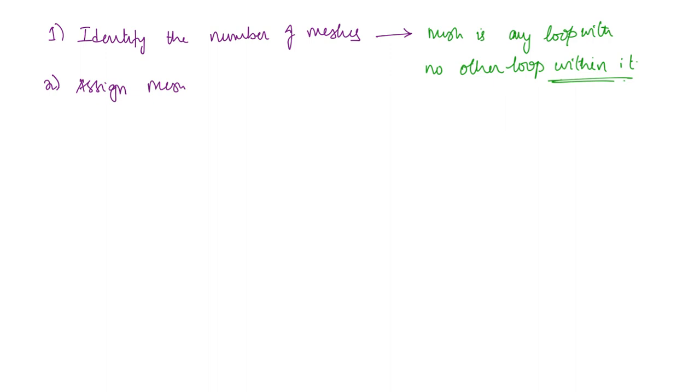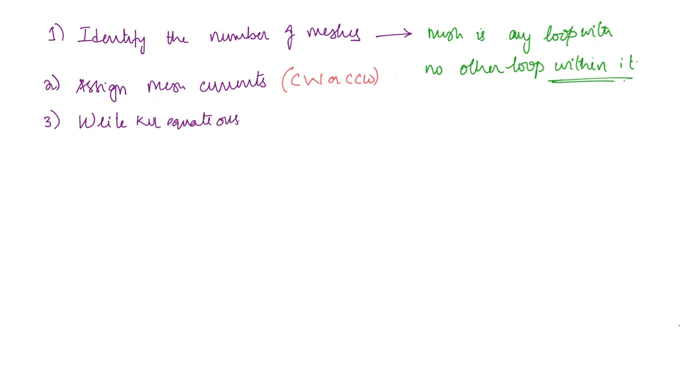Okay, so this point is important. Now the second point is assign mesh currents. Once we do an example, it will be more clear to you. The mesh currents can be taken either in the clockwise sense or the counterclockwise sense. And the third step is to write KVL equations. What is KVL? Kirchhoff's voltage law.